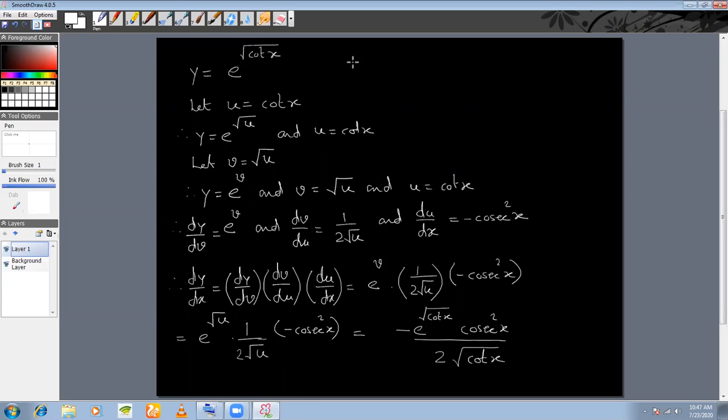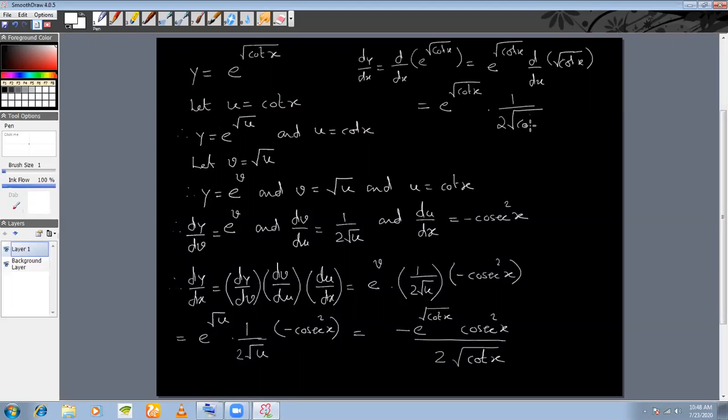If you had differentiated directly, how would you do? dy/dx is equal to d/dx of e to the power of root cot x. e will remain e to the power of root cot x into d/dx of root cot x. See the relation between this differentiation and the chain that I am doing. First we'll differentiate the root: root cot x gives 1 by 2 root cot x, into the d/dx of cot x.